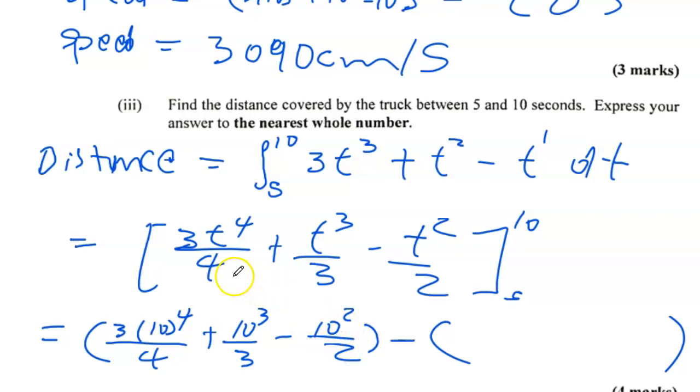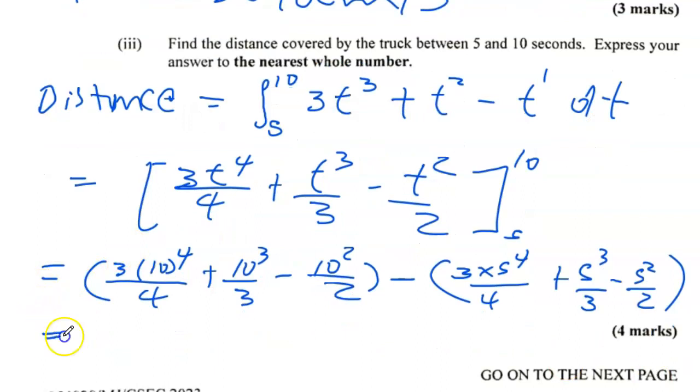In the second bracket, we'll have 3 times 5 to the power of 4, replace t with 5 this time, over 4, plus 5 to the power of 3 over 3, minus 5 squared over 2.